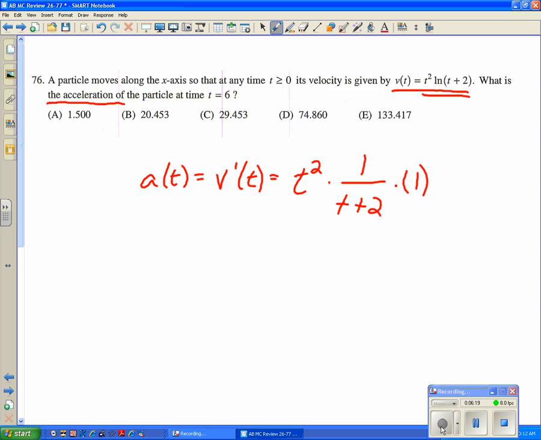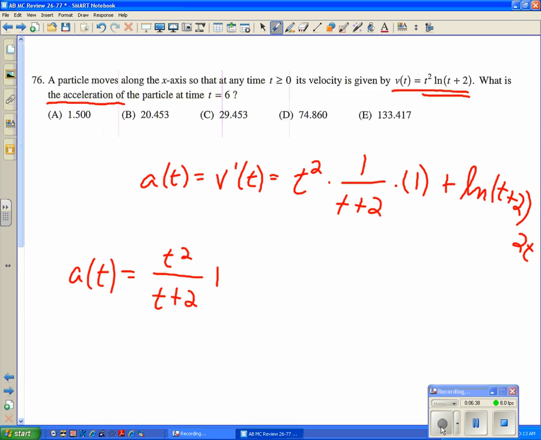So it's the first times the derivative of the second plus the second times the derivative of the first, and the derivative of the first is 2t. So let's straighten that up a little bit: the acceleration is equal to t squared over t plus 2 plus 2t times the natural log of t plus 2.